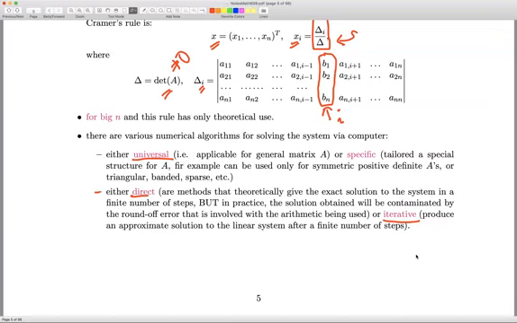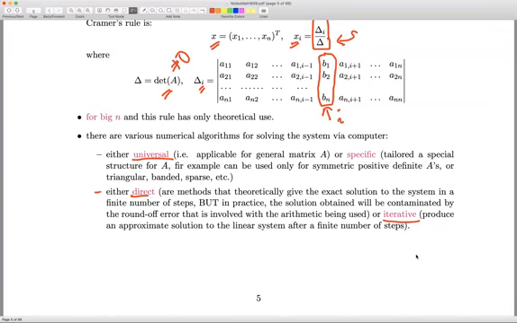Another set or category of methods are so-called iterative methods for solving linear systems. Those methods never give you the exact solution of the system.